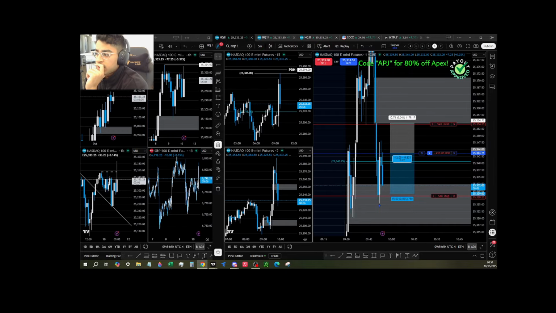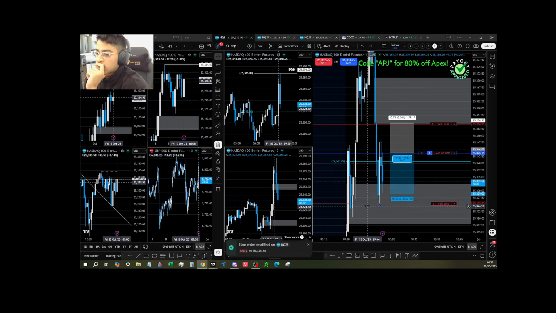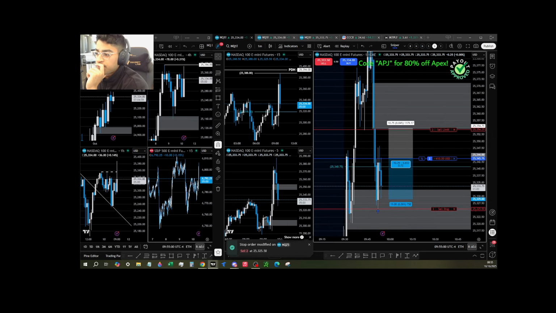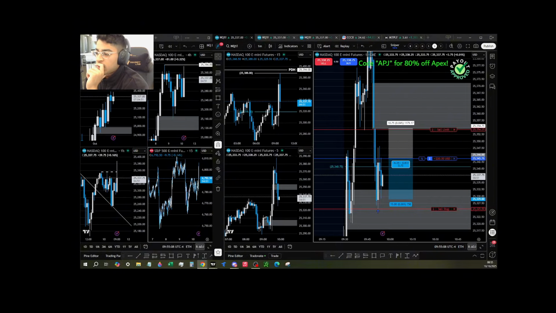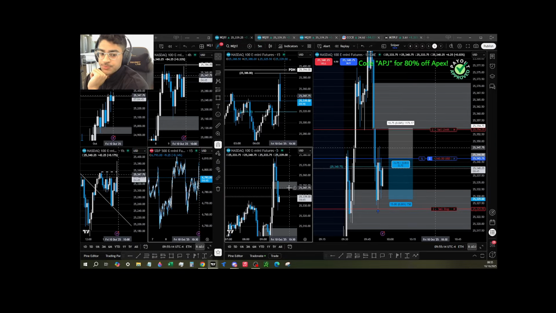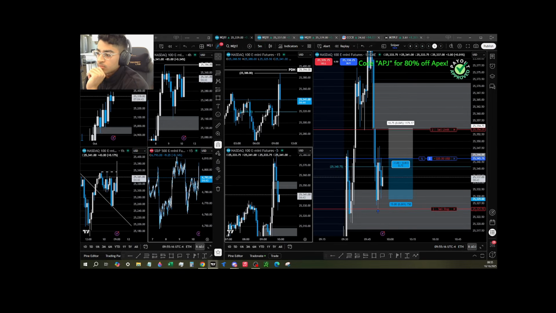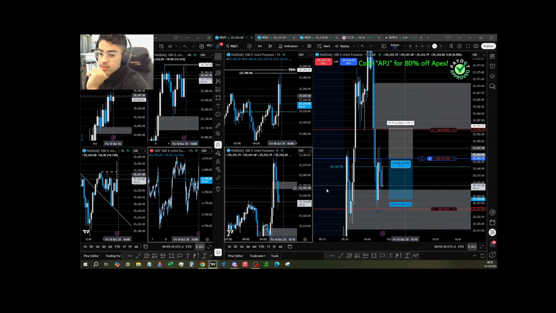I'm going to adjust my stop a little bit here just to the swing low. Original stop would have held there. New 5-minute candle. Not the best close on the last one.